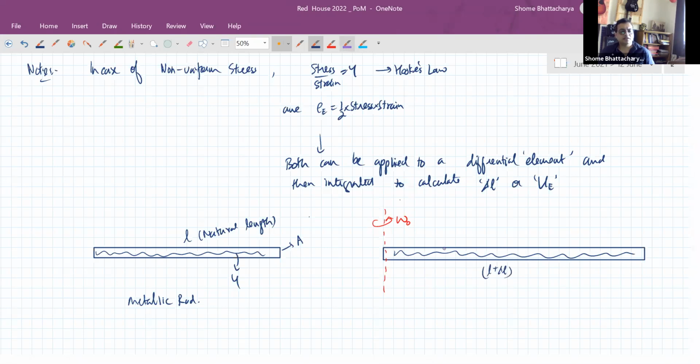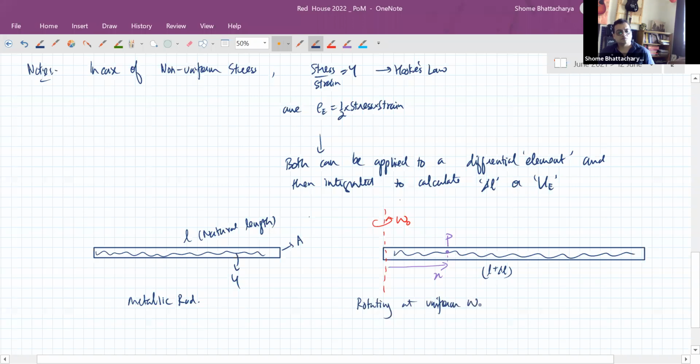So now if we consider inside the rod any point P, which is at a distance of, let's say, x from the axis of rotation, this is the state of the rod.